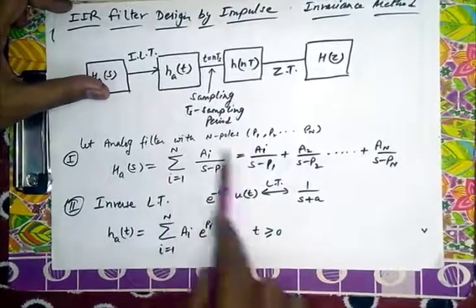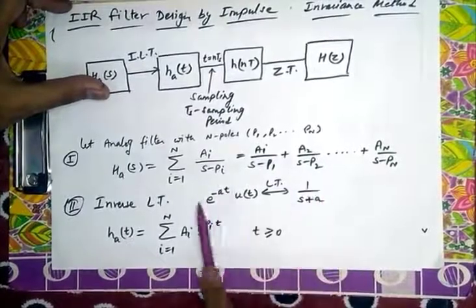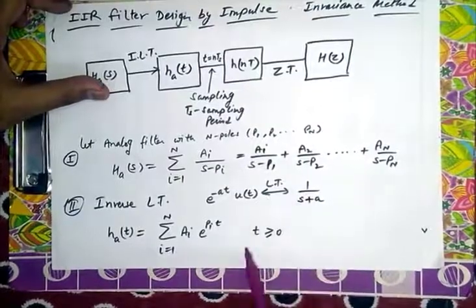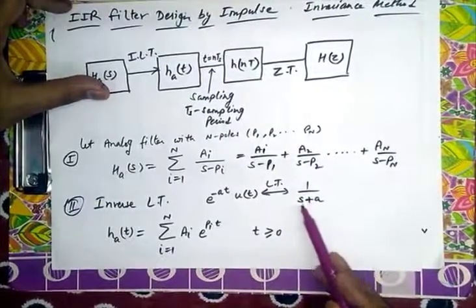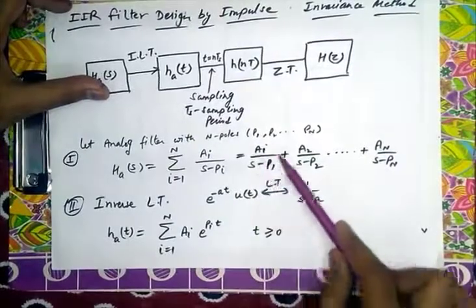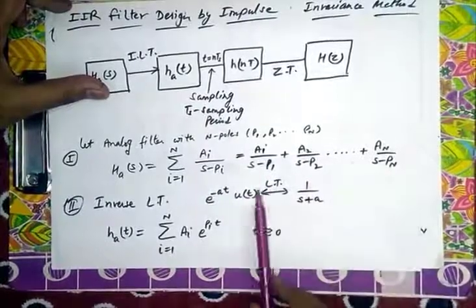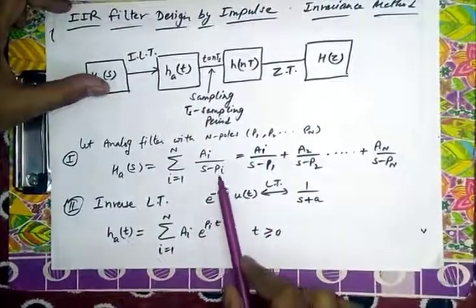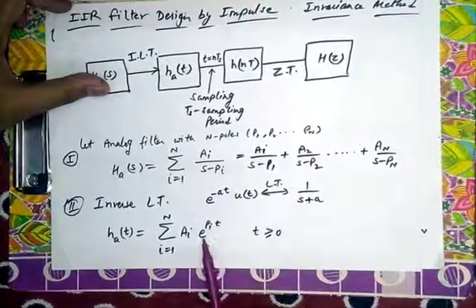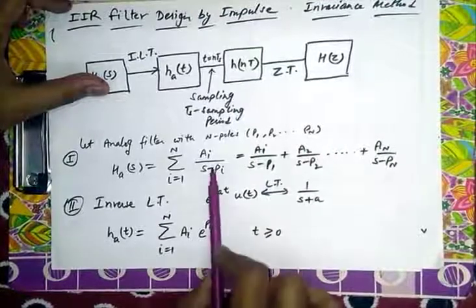We use the property that e raised to minus at u(t) has Laplace transform 1 upon s plus a, or the inverse Laplace transform of 1 upon s plus a is e raised to minus at u(t). So the inverse Laplace of each term is taken and all are added. 1 upon s minus p_i has the inverse Laplace transform e raised to p_i t, because if it is plus then it is minus, and if it is minus then it is plus.